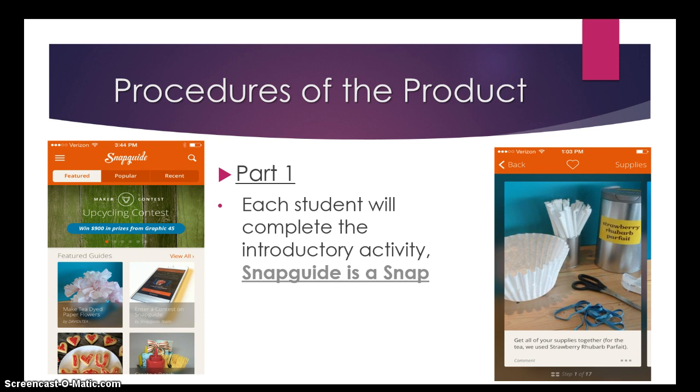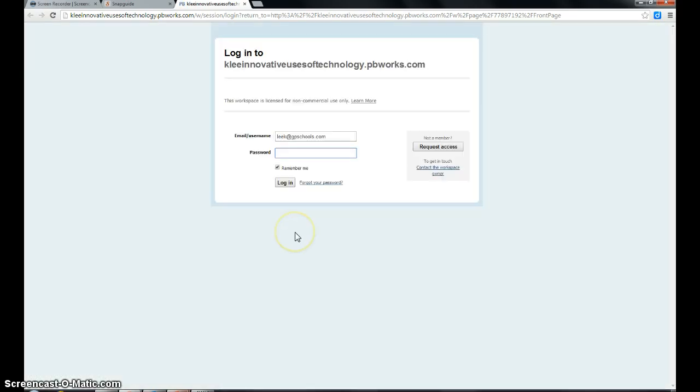As far as carrying out this lesson, it will take place in 4 parts. The first is that the students will complete an introductory activity, which I created, called Snapguide as a Snap. And I have linked this document to my class wiki.